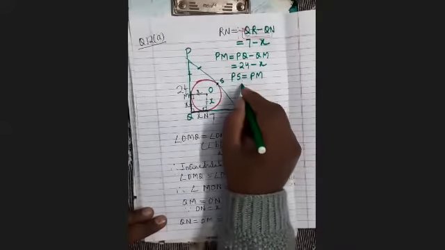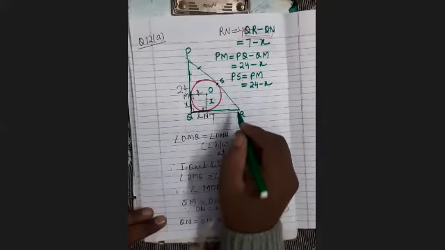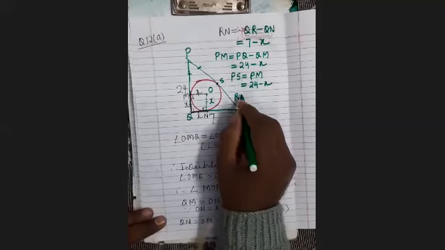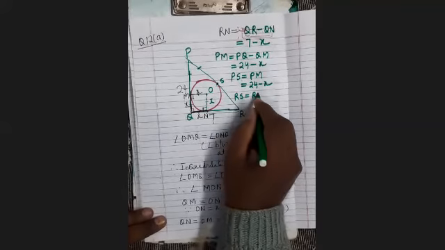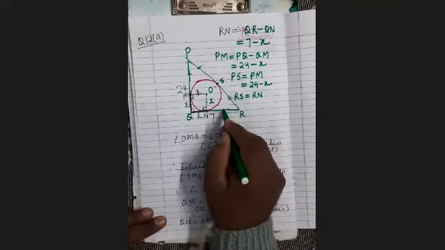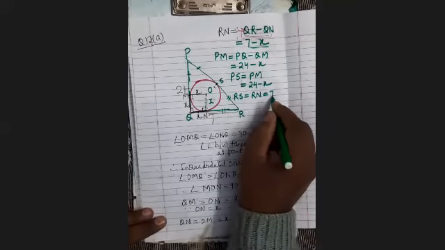And PM is 24 minus X. Similarly, RS equals RN, same reason. And RN is 7 minus X.